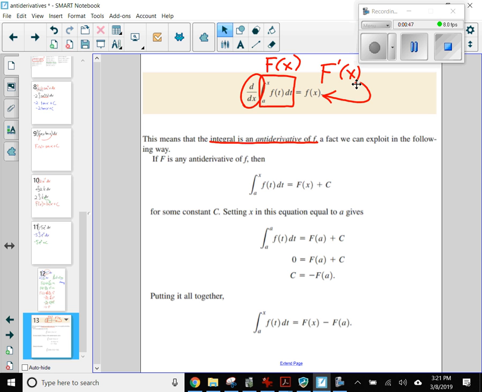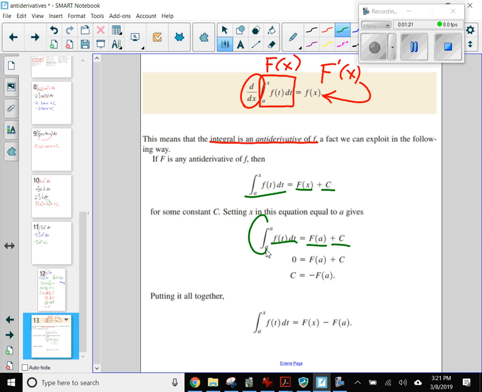And we can do a little bit of algebra and kind of mess with that a little bit. Because if we know that the integral is the same as the antiderivative plus c, some constant, then we can say that the integral from a to a of any function is an antiderivative of a plus c.